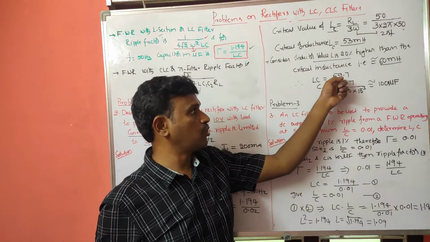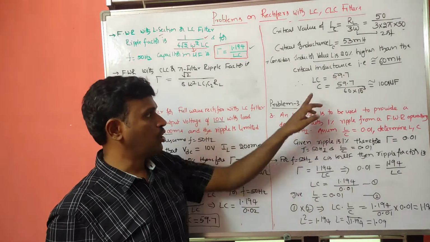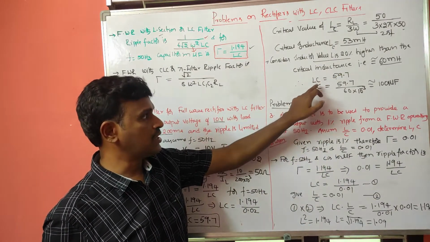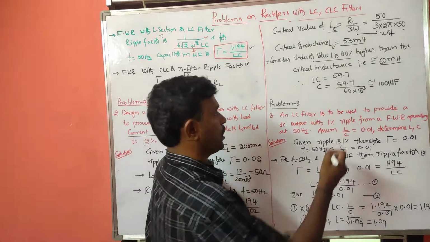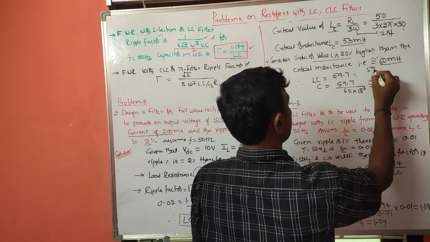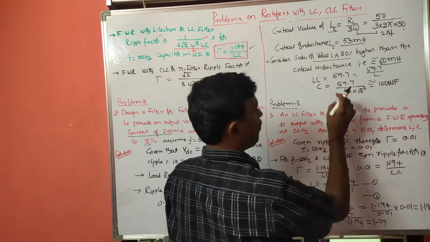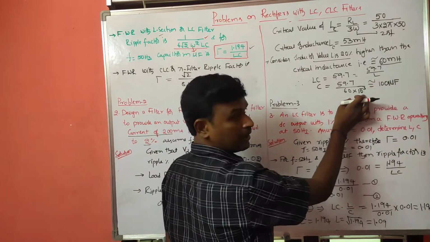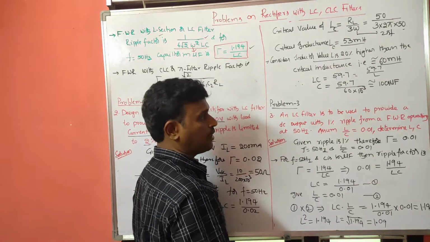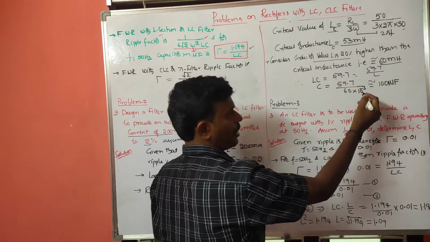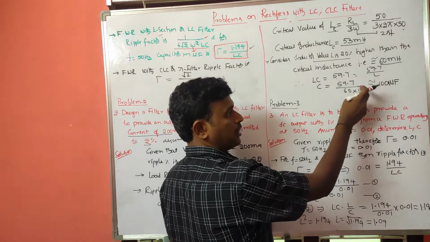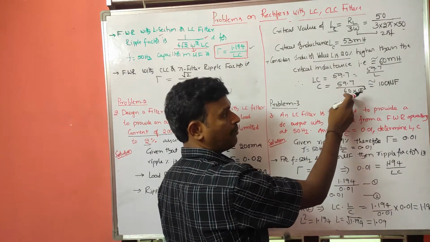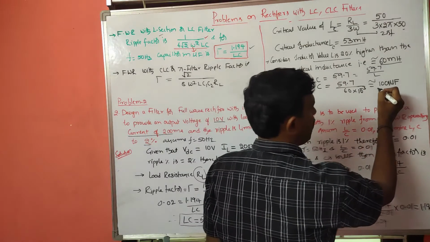So C is equal to 59.7 by L. The L value we consider is 60 millihenry, so it is 59.7 by 60 into 10 cube, and approximately I am taking this as 1000 microfarad.